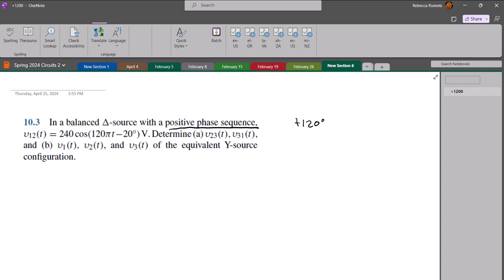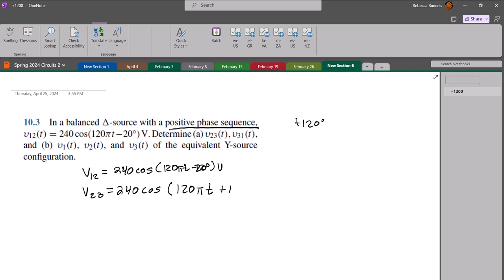So if V12 is 240 cosine(120 pi t minus 20 degrees) volts, then V23 is going to be the same as this, but plus 120. So we just change the phase by adding 120. So we get 240 cosine(120 pi t plus 100 degrees) volts.